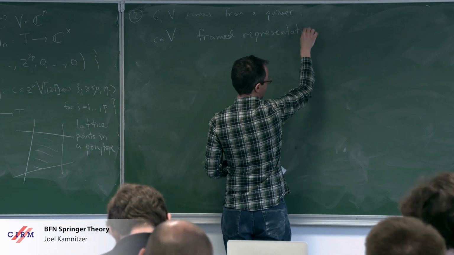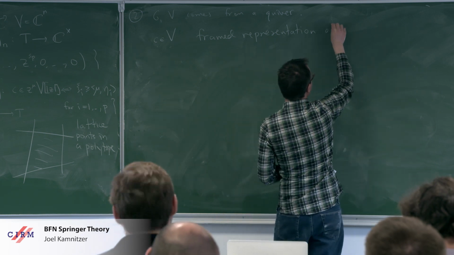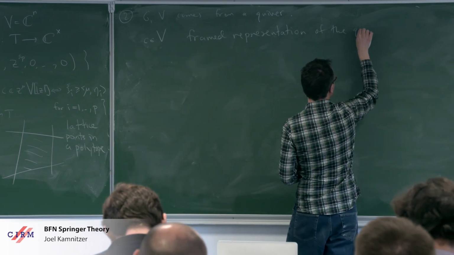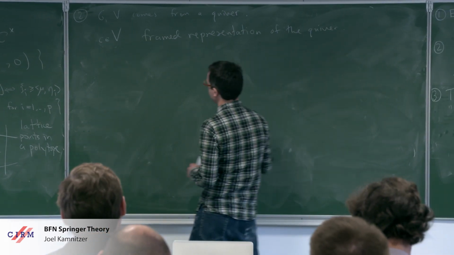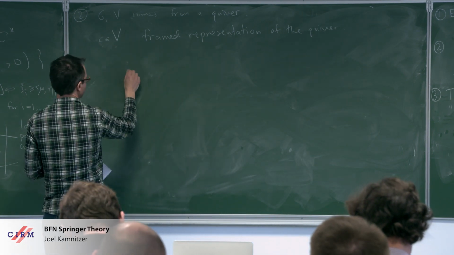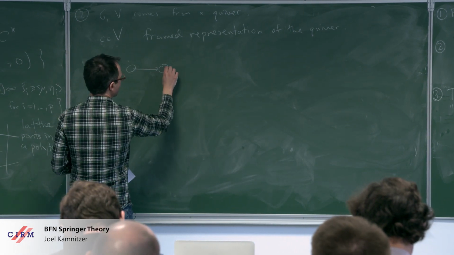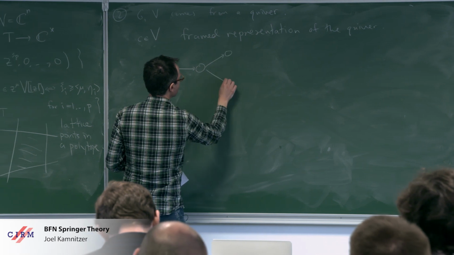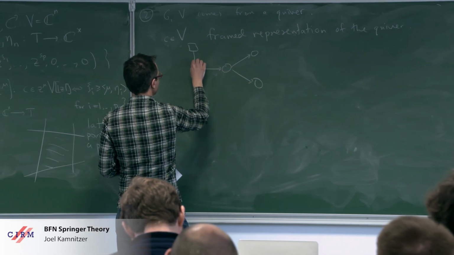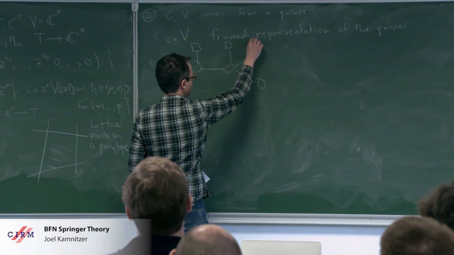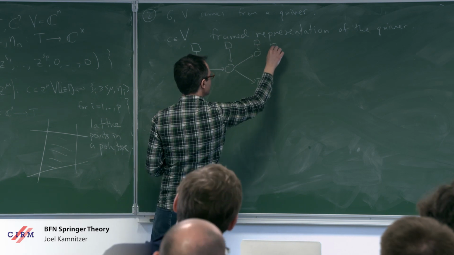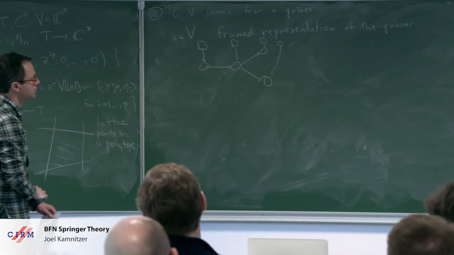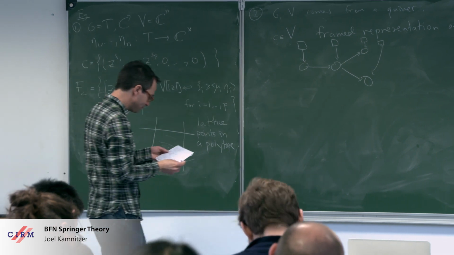Framed just means I have this auxiliary vector space around, and I also have a map from that auxiliary vector space to my thing. For example, maybe I have a quiver like this, and then I have some framing here.